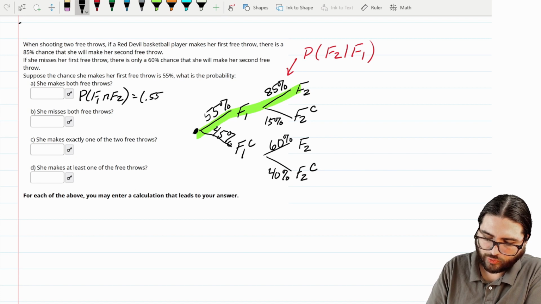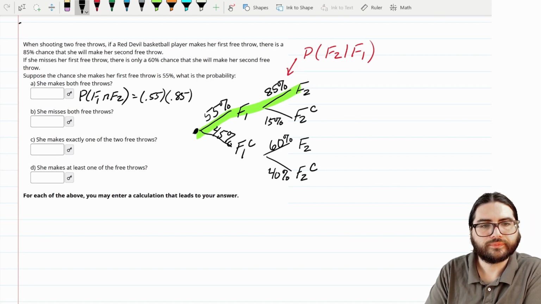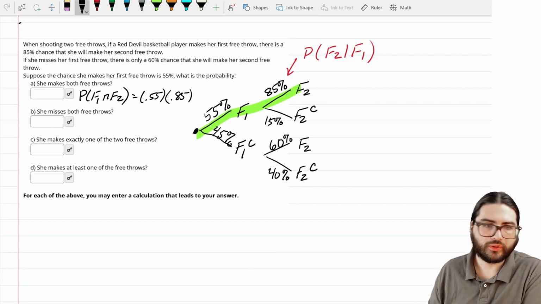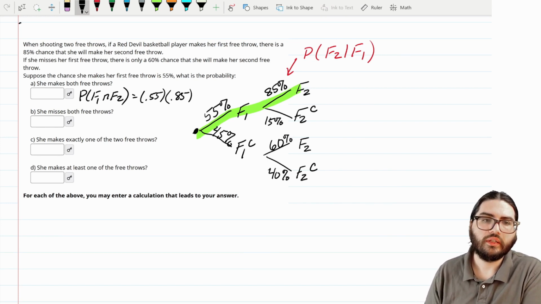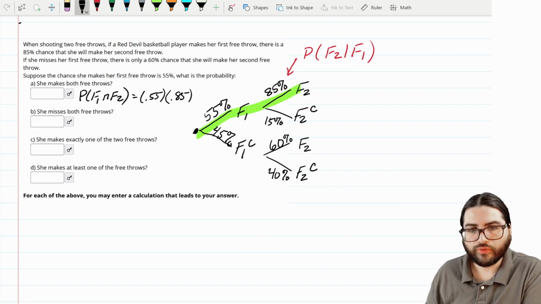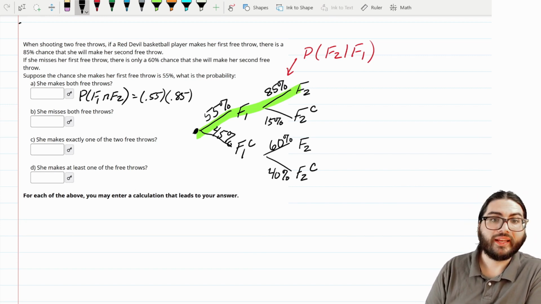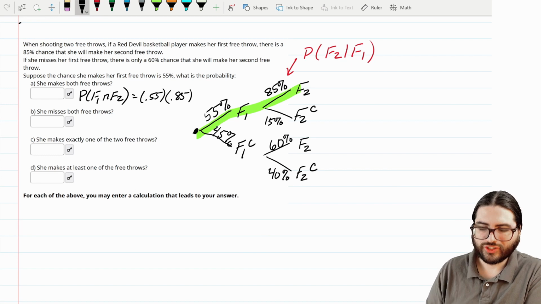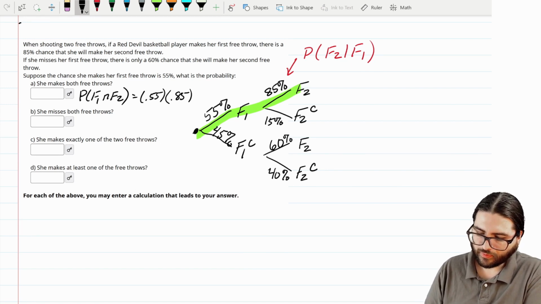I'll go ahead and turn that into a decimal. Times 85%. Turn that into a decimal as well. And the nice part about the percentages is that they basically got the "out of 100" already captured as part of it, right? It's 55 out of 100. That's why it's 0.55. It's 85 out of 100. That's why it's 0.85.